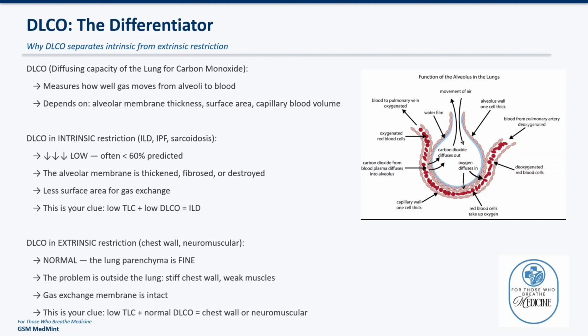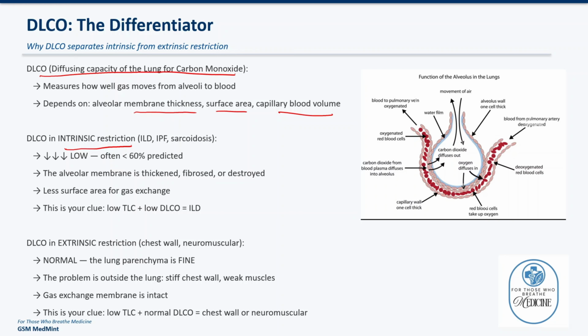The DLCO, the diffusing capacity of the lung for carbon monoxide, is the differentiator. It depends on three things. The DLCO measures how well gas moves from the alveoli into the blood: the thickness of the alveolar membrane, the surface area, and the capillary blood volume.